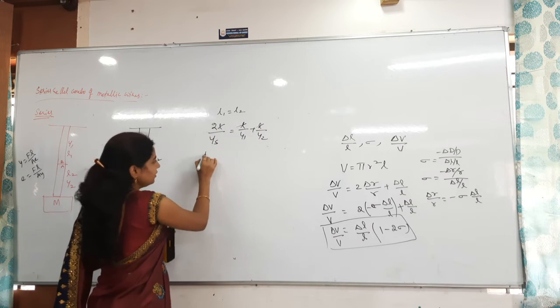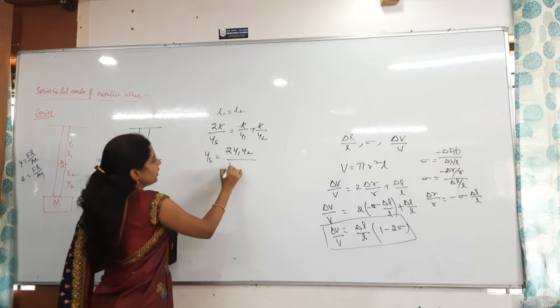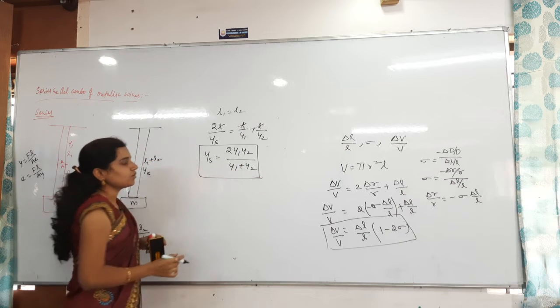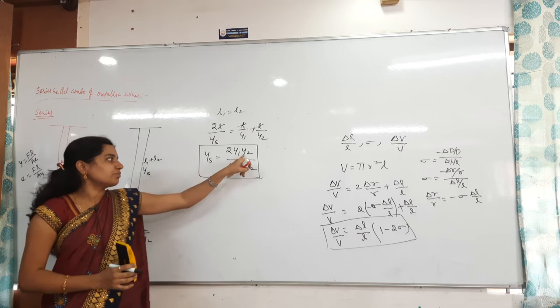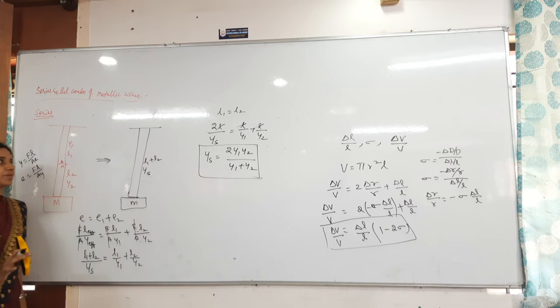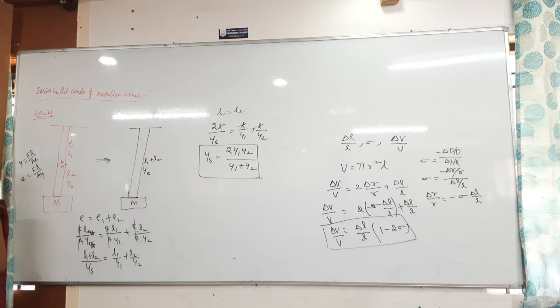L gets cancelled. Y series is equal to what can I say? 2Y1 Y2 by Y1 plus Y2. This is a series combination of 2 rods. Here in this, mainly you have to remember which one is the same, which one will be different.